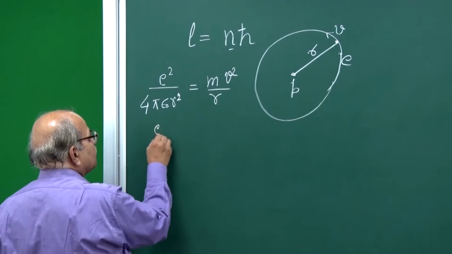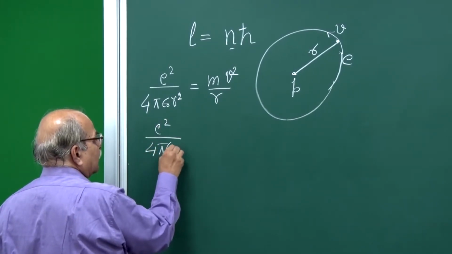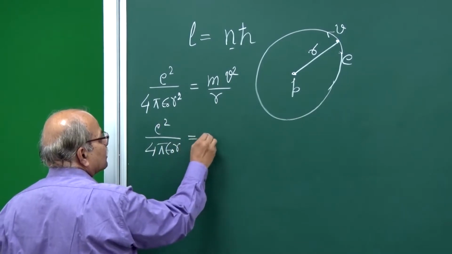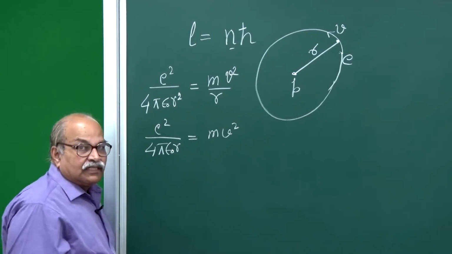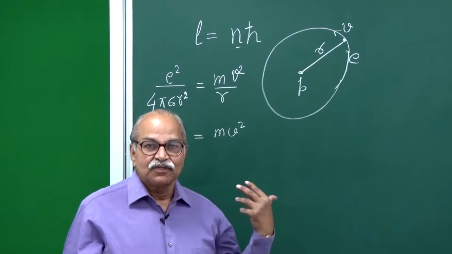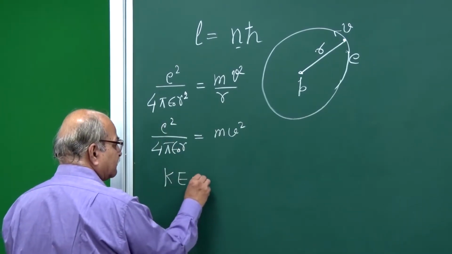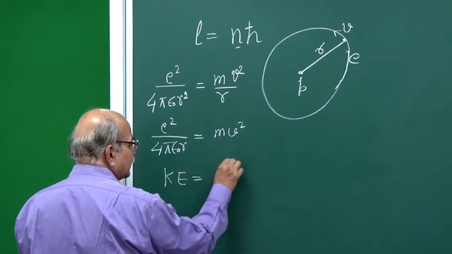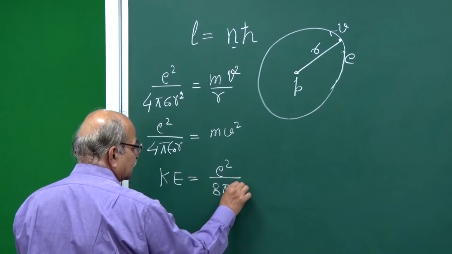So you have e square over 4 pi epsilon naught r equal to m v square. So you can write kinetic energy, half m v square, in terms of r: it is e square over 8 pi epsilon naught r.